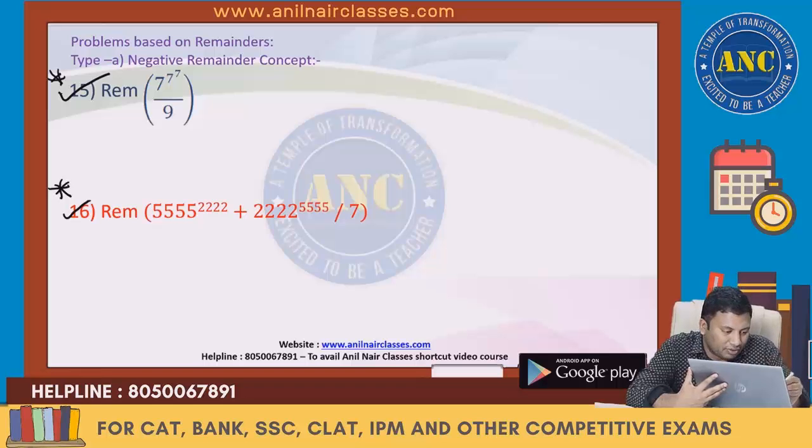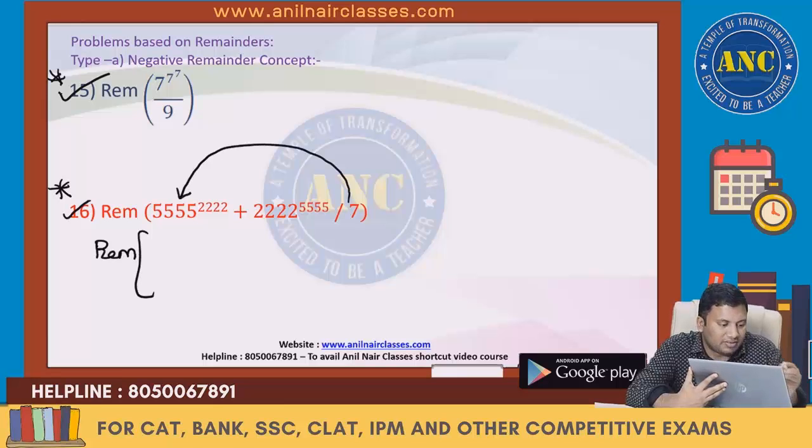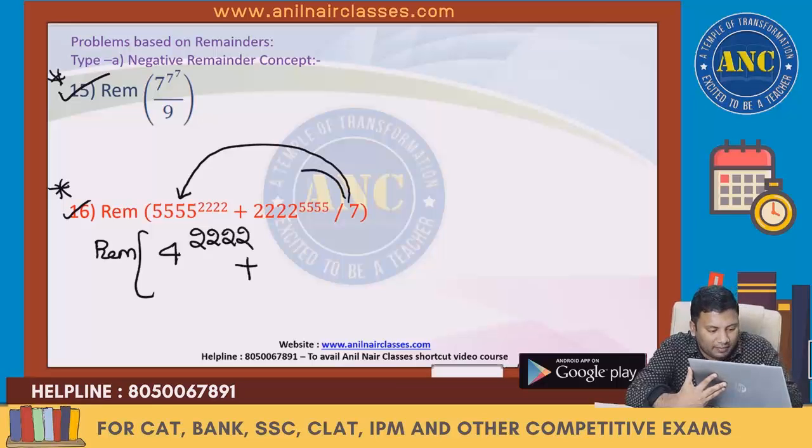Now the 15th, if you see, is nothing but a remainder of, if I divide by 7: 7 7s are 49, 65, 7 9s are 63, 25, 7 3s are 21, which is 4. So 4 power 2, 2, 2, 2, 2, plus 7 divided by 7. 7 3s are 21, 12, 7 1s are 7, 52, 7 7s are 49, which is 3.